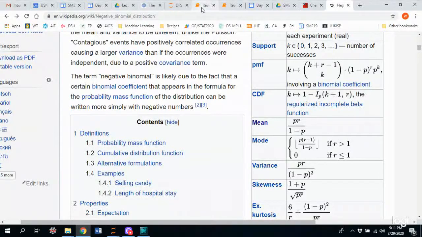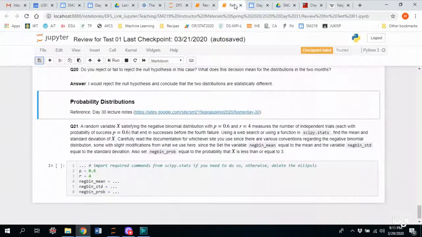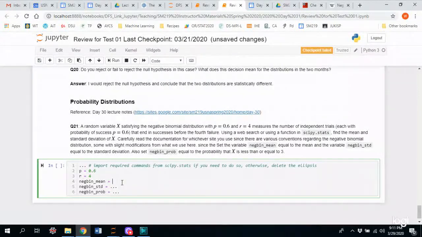So let's return to our code, and the negative binomial mean is p times r divided by 1 minus p, and the variance was p times r divided by 1 minus p raised to the 2nd power.